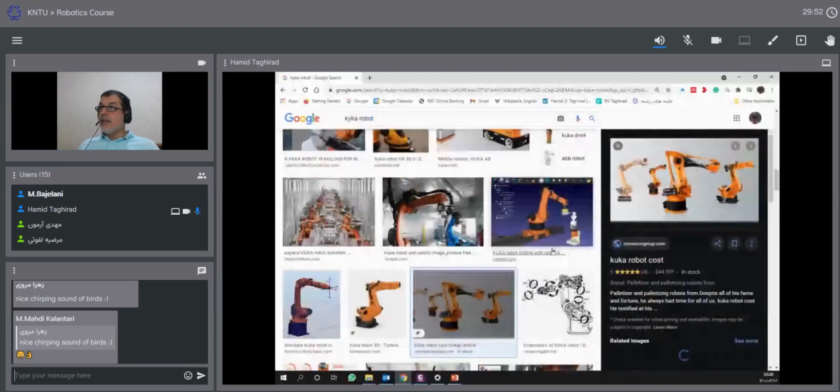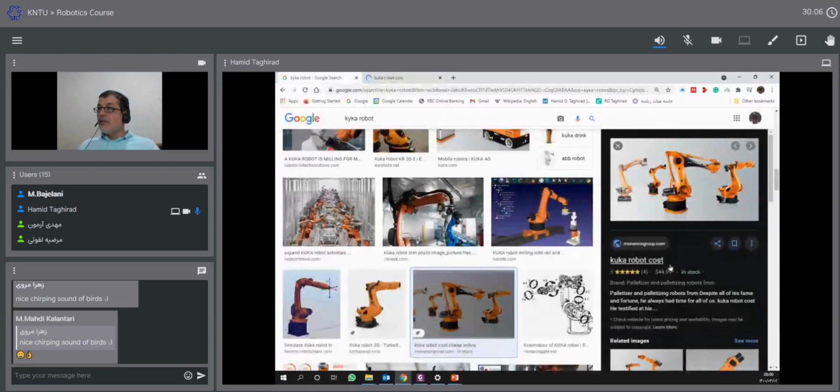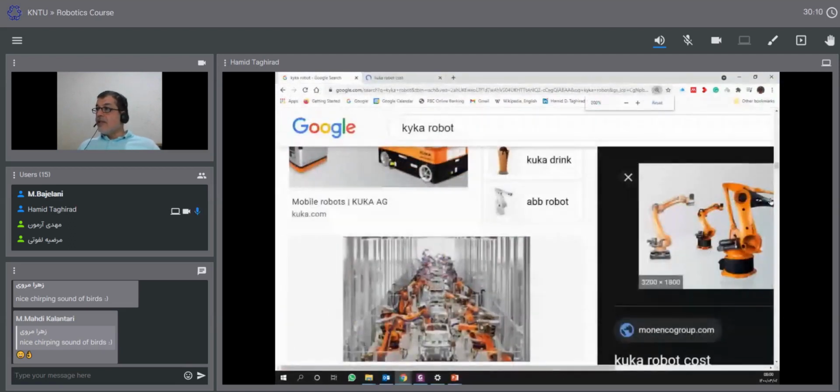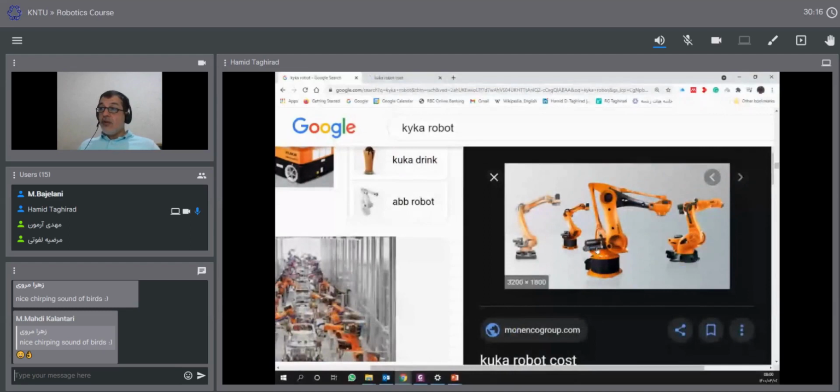Again, if I open that, I hope that doesn't take too long. Look here, for example. You see what we are using in many robots, not in all the robots, but as the robot becomes larger in the workspace.